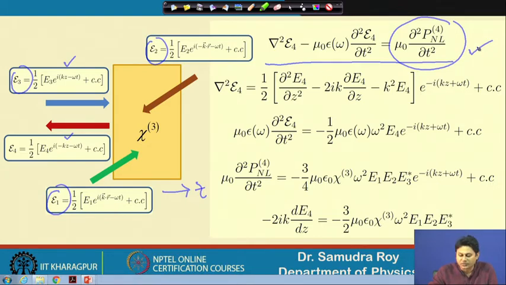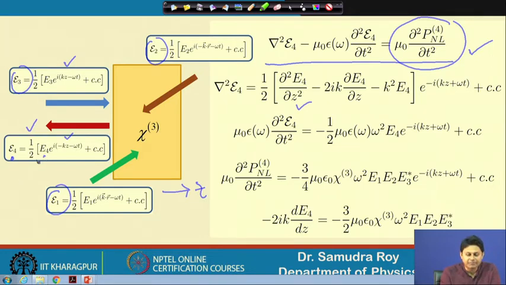This is a source term, and for E4 it is already written here what the form should be. Now if I try to find the grad square value of E4, this is the same old equation that we are using, with the second order derivative of E4. Here E is the amplitude. Mind it, E4 is the total electric field that is moving in the opposite direction.